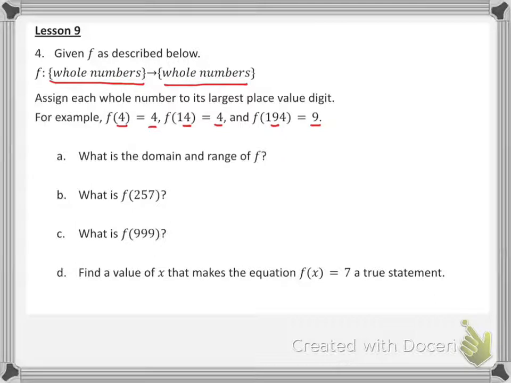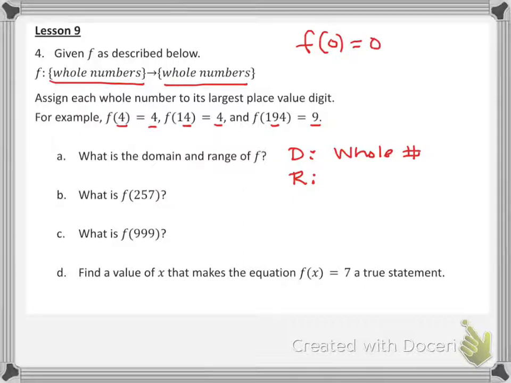Well, the domain is going to be all whole numbers. What they told us to begin with, all whole numbers is the input. And then the range is limited. It's limited by our function, and really it can only have a certain number of outputs, right? If I said what is f of 0, well, the largest digit then is a 0.